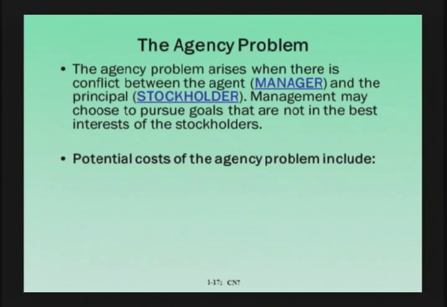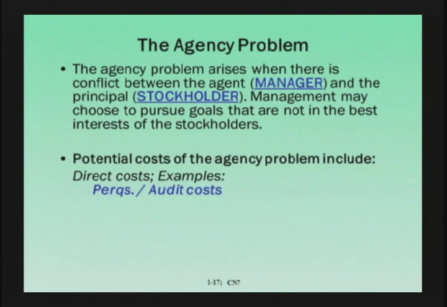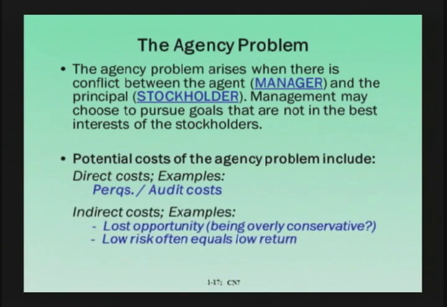Potential costs that a corporation would incur because of this agency problem would include some direct costs, such as perquisites or perks, where a manager might spend corporate resources for their own gratification, such as remodeling their office or flying on the corporate jet when they could fly coach, and also the necessity of auditing the firm because the owners and the managers are not one and the same.